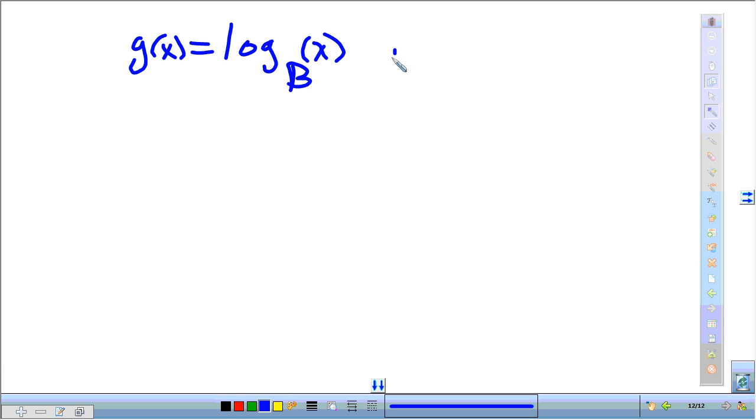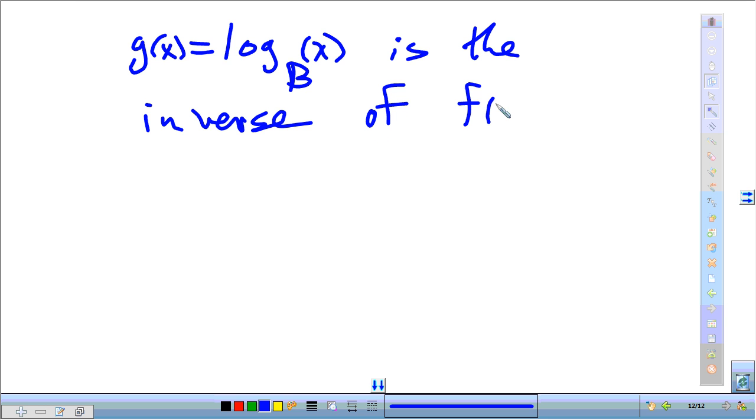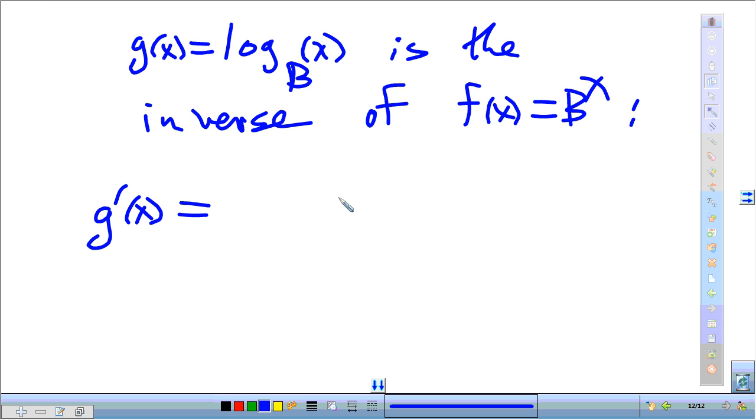Now, since the logarithm is the inverse function of an exponential, then the derivatives of inverse functions are reciprocals.